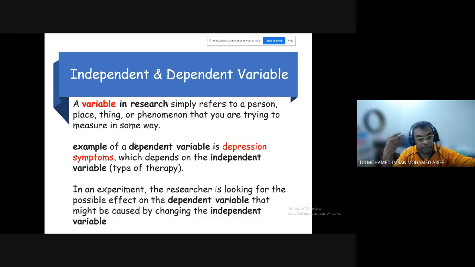Okay. In an experiment pula, the researcher is looking for the possible effect on the dependent variable that might be caused by changing the independent variable. Okay, eksperimen berbeza. Contohnya, if you exercise more, adakah you akan lose weight more? Jika you puasa banyak, adakah you akan lose weight more? Jika you eat less, adakah you akan lose weight? Okay, so eating, fasting, and exercising are independent variables, and your dependent variable is losing weight.